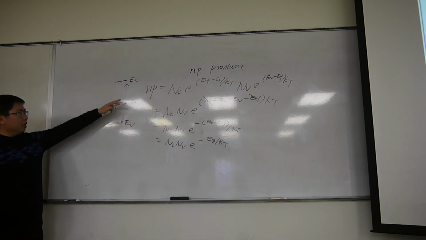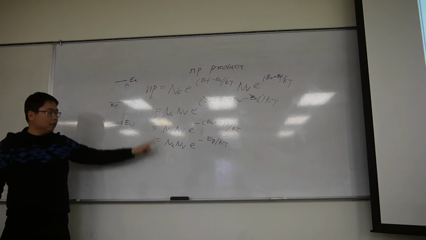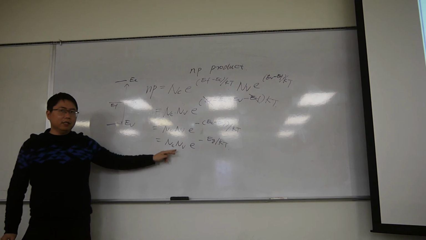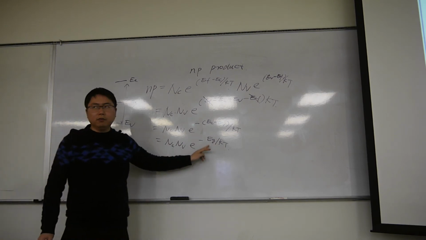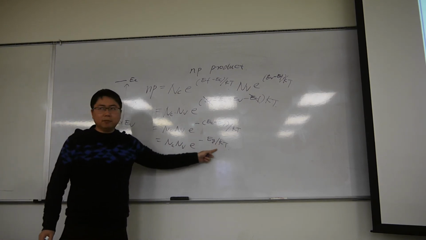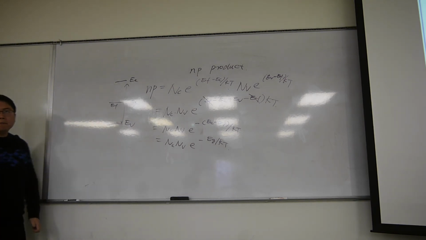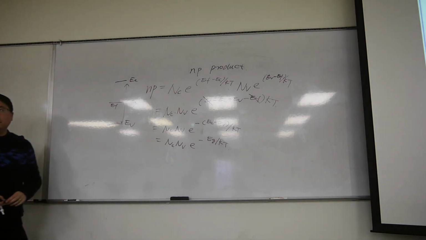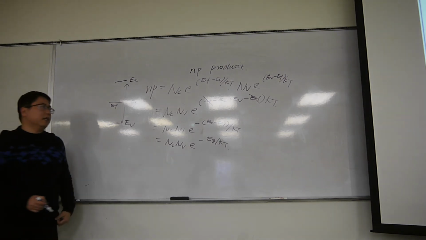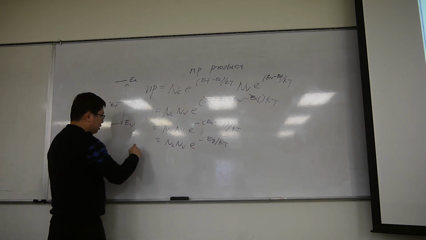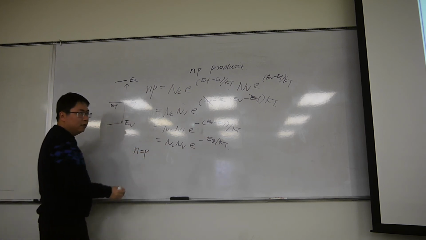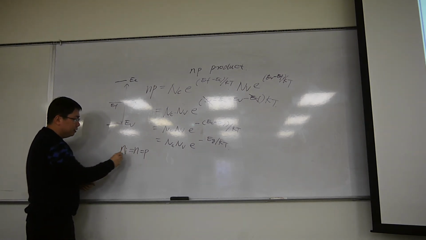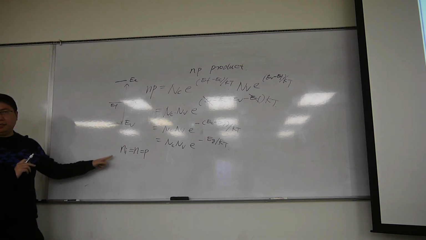You see that the NP product is all constants here, because NC, NV, and EG are silicon parameters. Of course, this depends on the temperature, but there's no EF in this equation. So for intrinsic silicon, as we just discussed, N equals P, and we define this as the intrinsic carrier density, Ni. The i represents intrinsic.